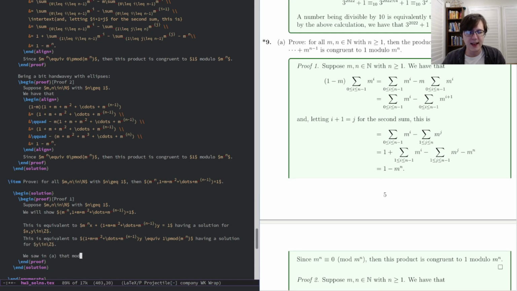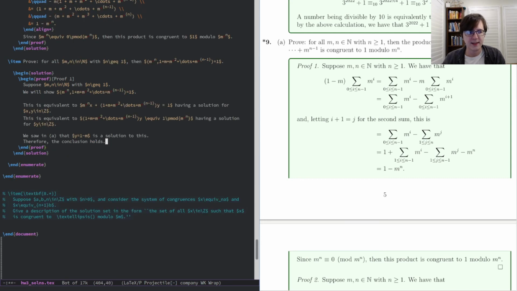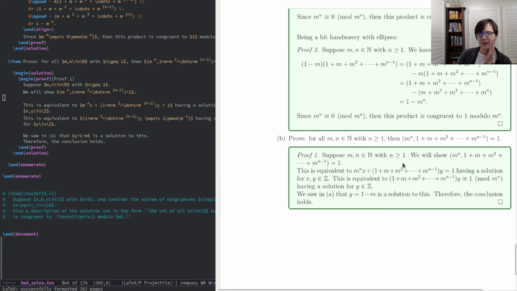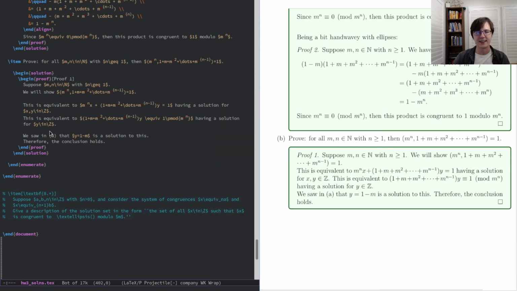So we saw in A that y equals 1 minus m is a solution to this. So there's that. So taking the GCD, turning it into some other problem, and then recognizing it.